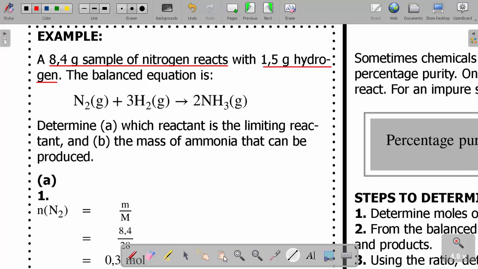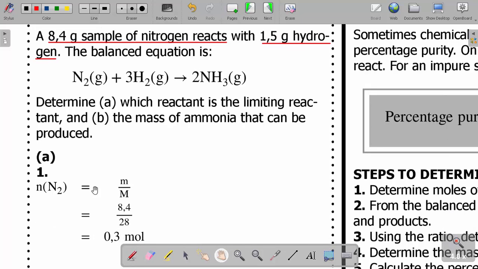Now, first of all, we are going to convert the given masses to moles. And we know that moles equals mass over molar mass. So with nitrogen, it is 8,4 divided by 28 because it is 14 times 2, which is 28 here. I get 0,3 moles. Are we together? What about hydrogen?